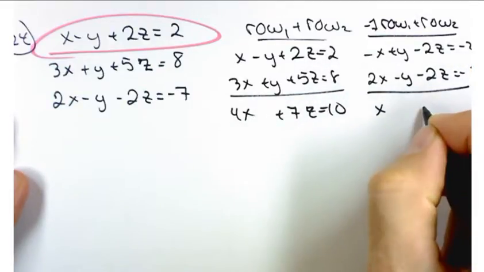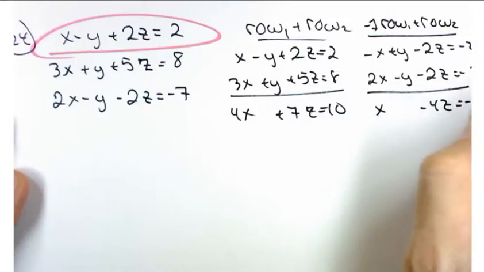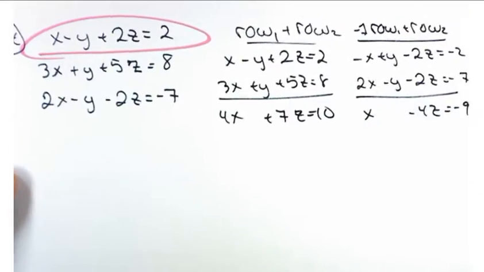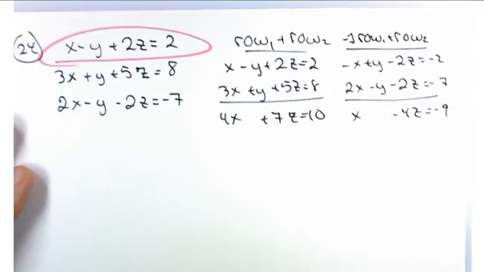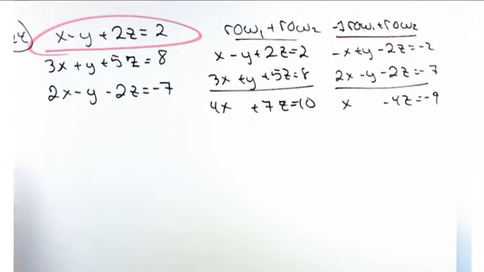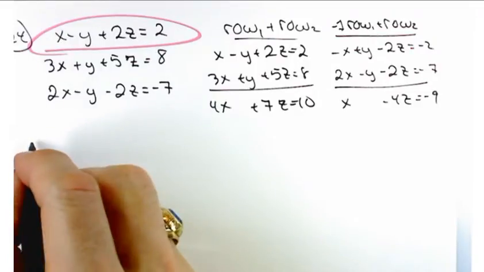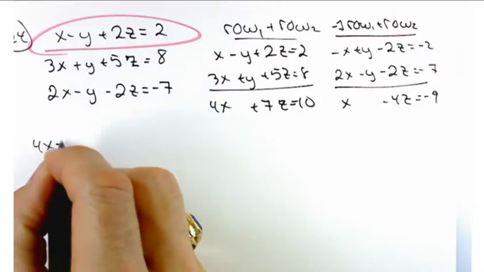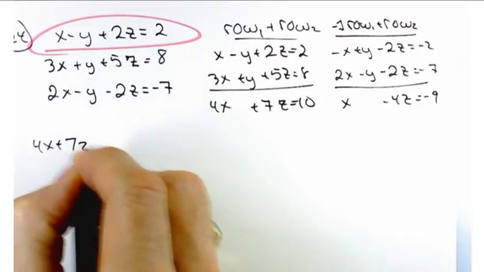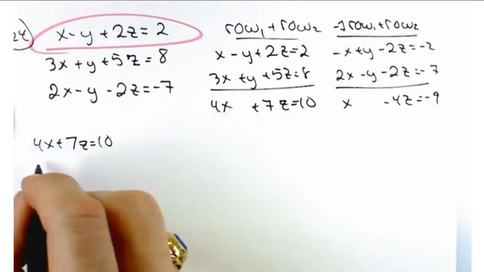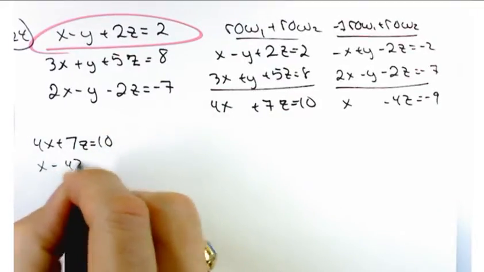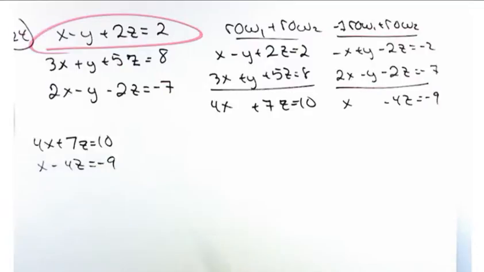So x minus 4z equals negative 9. And that's perfect. That gives me 2 equations and 2 unknowns. 4x plus 7z equals 10, and x minus 4z equals negative 9.